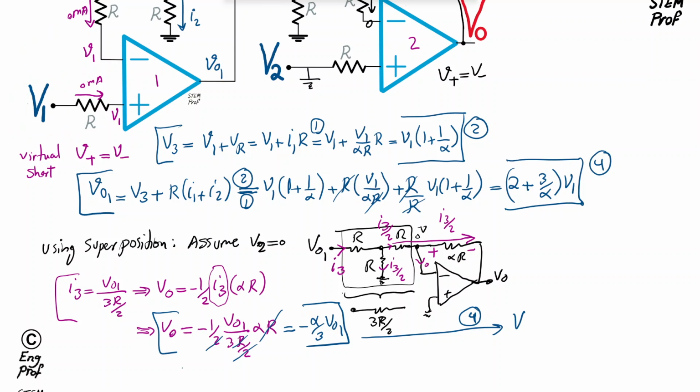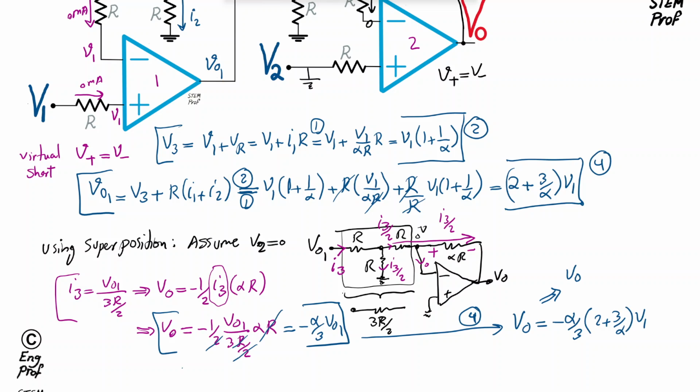So we get V out is equal to minus alpha over 3 times, instead of V out 1, I am using equation 4. So it means I'm substituting it with this value, 2 plus 3 over alpha V1. And obviously when I multiply this, I get this.